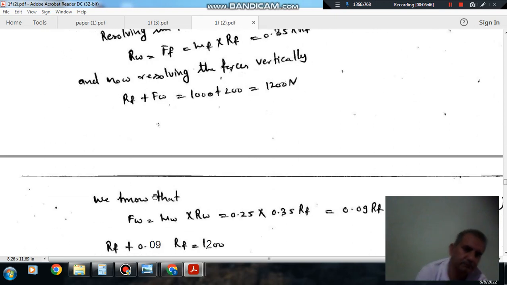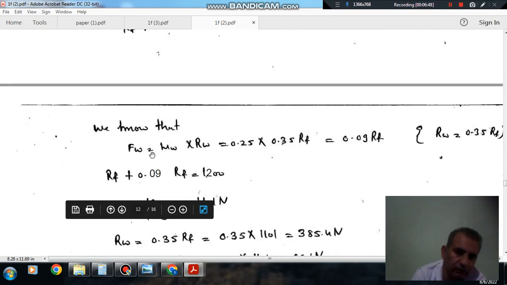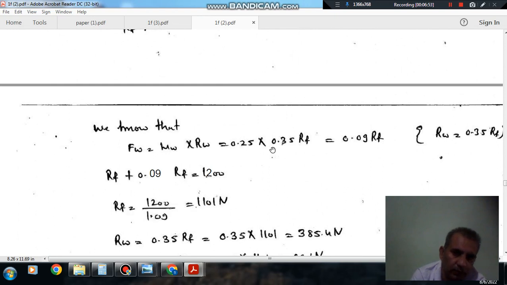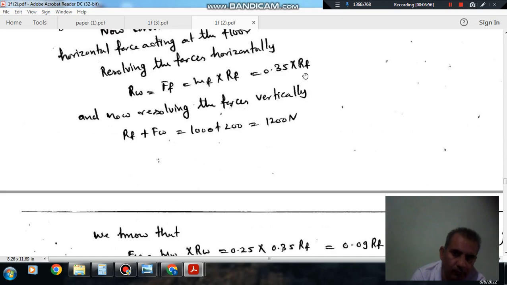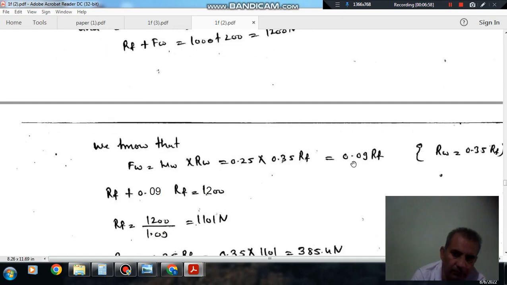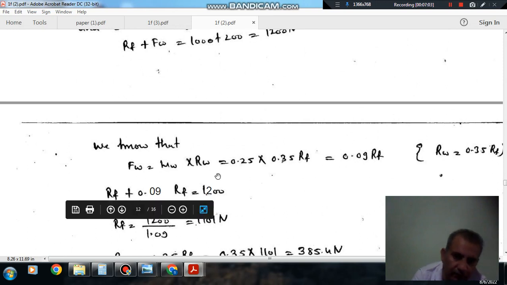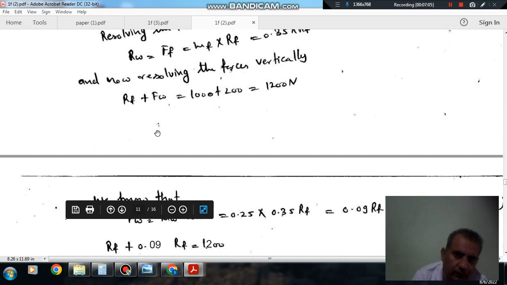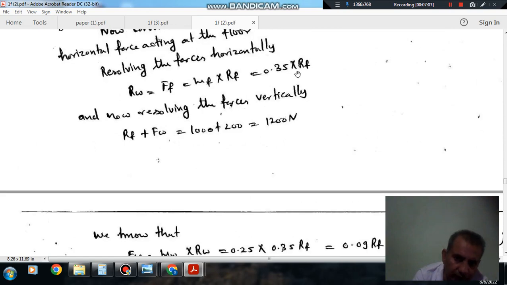Force of friction on wall is mu W into RW, so that is 0.25 into 0.35 RF, which is 0.09 RF. So now we have FW in terms of RF, RW in terms of RF.